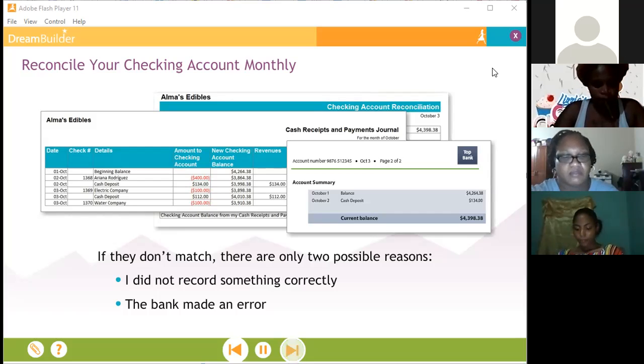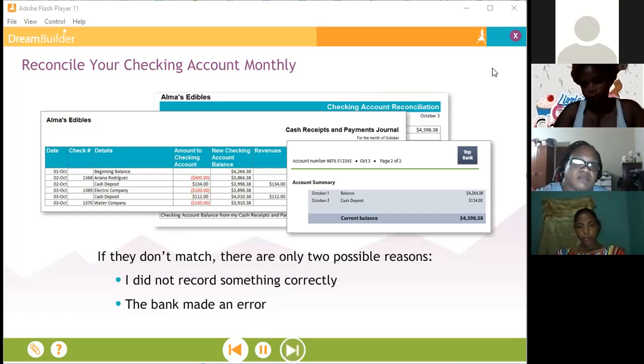Okay, now if you are using a checking account, again, this is only if you're using a checking account, you need to ensure that when you have paid monies out or written checks, there are monies in the account. Can anybody tell me why? So going to overdraft. It can go into overdraft.